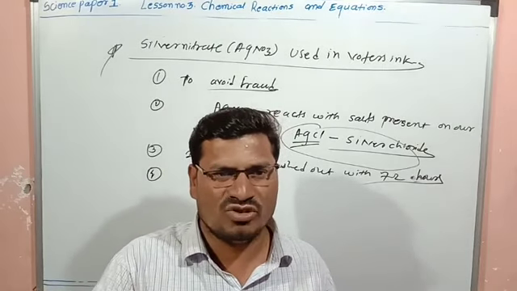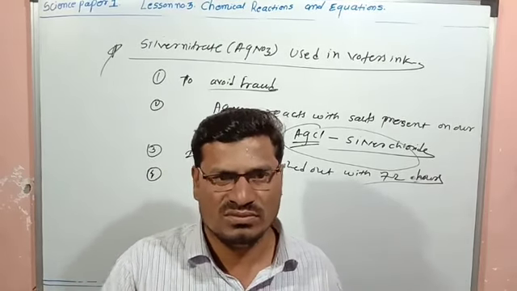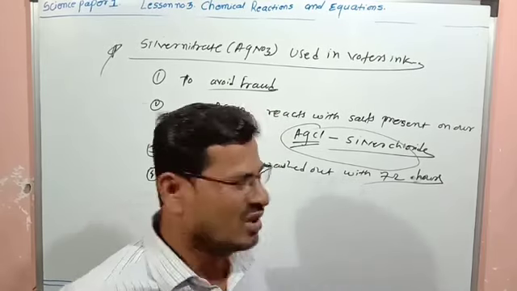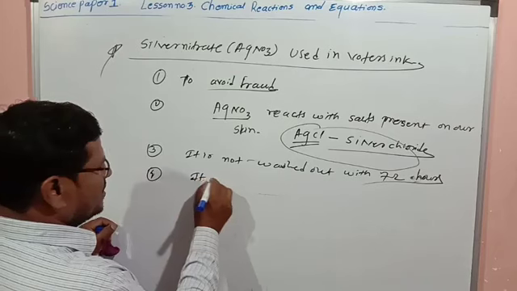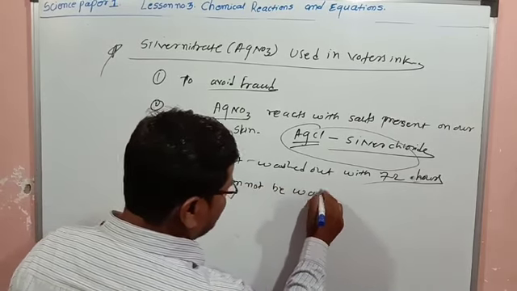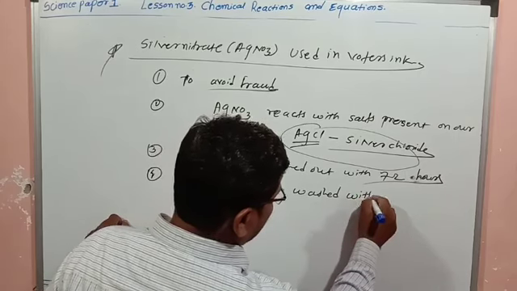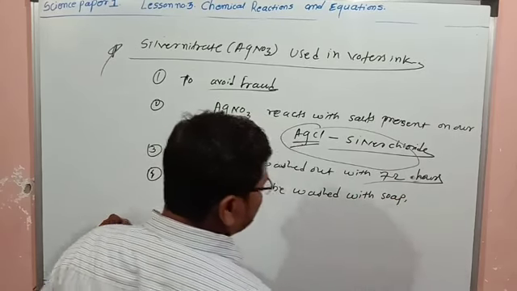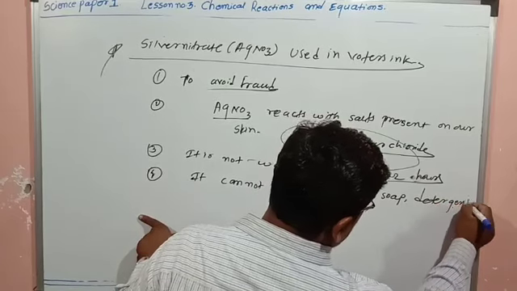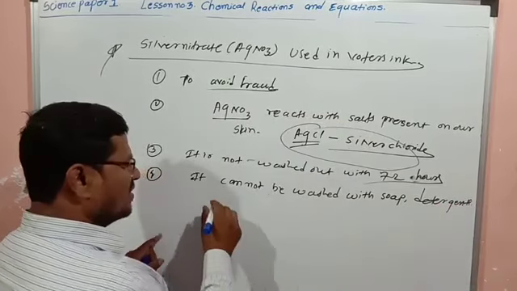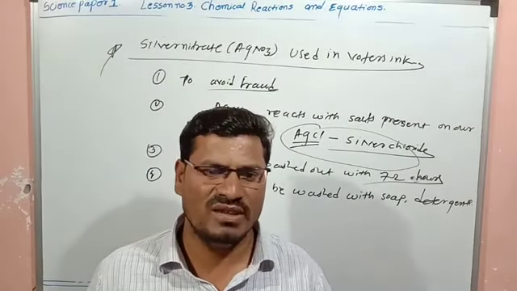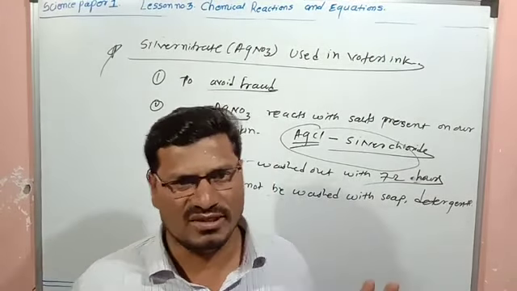When dead cells of the skin are removed, then this ink layer will be removed. So it cannot be washed with soap or detergent, so it is used in the voter ink.